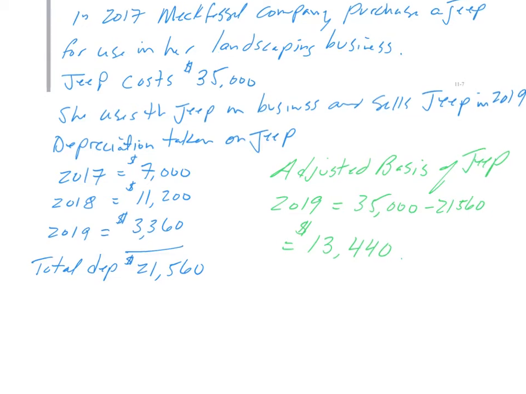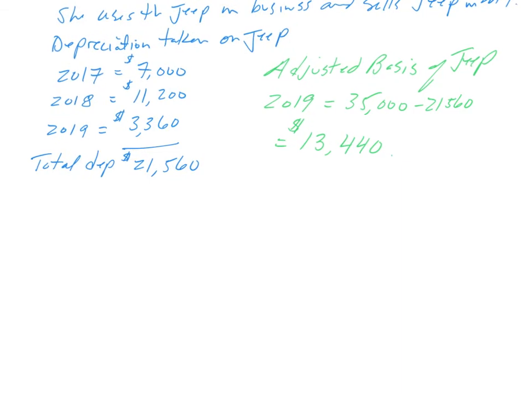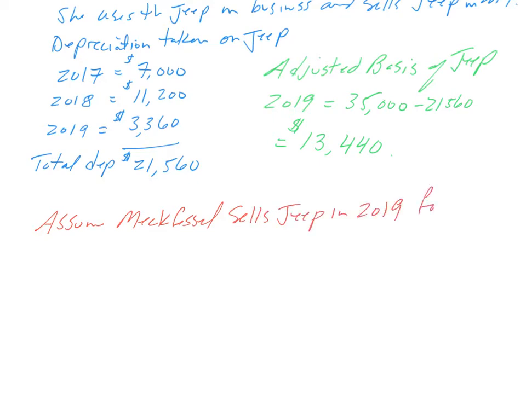Okay? Now, let's assume all right, so we sell the Jeep in 2019 for $20,000.